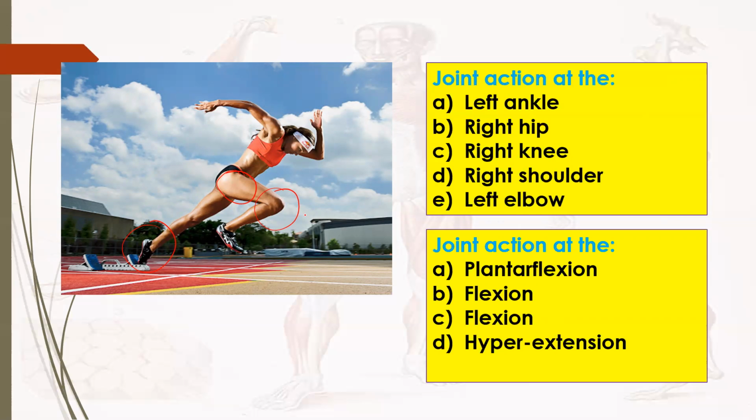The right shoulder here, so you can see that's an increase in the angle of the joint beyond 180 degrees. So that's gone further past 180, that's gone backwards. That's a hyperextension of the shoulder. And then the left elbow here, flexion, decrease in the angle of a joint. Make any corrections before we move on, please.